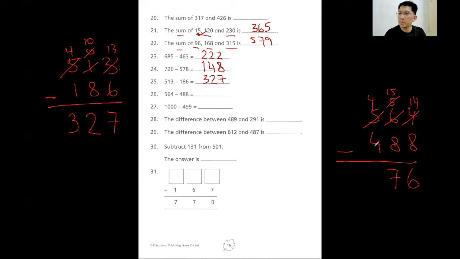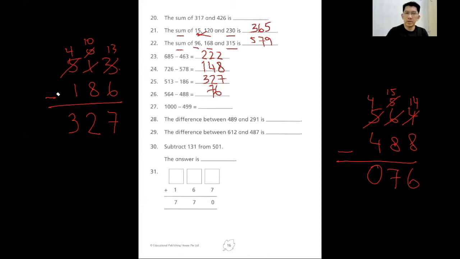And 4 minus 4 is 0. Now, because this is the last number, I don't have to put 0 here. Or I can put it here, but then when I write it down, I can just write down 76. That's enough. I don't have to write 076. Okay.